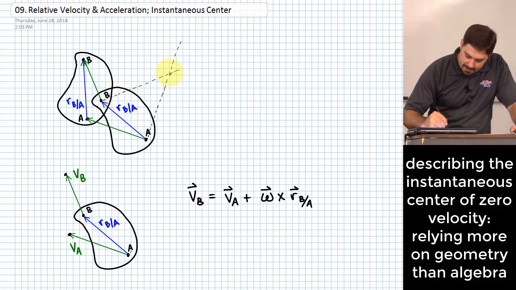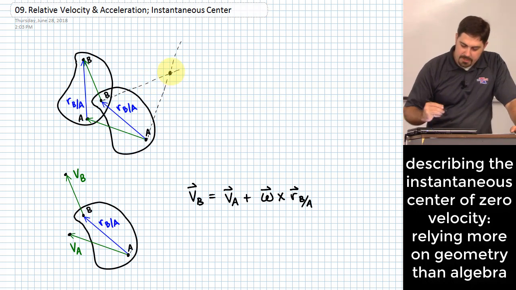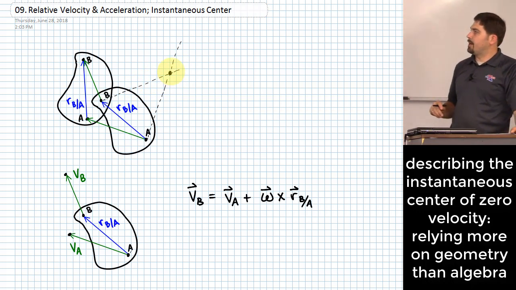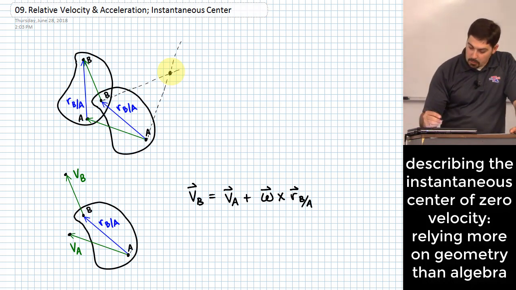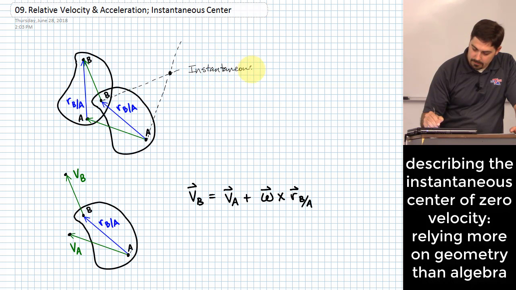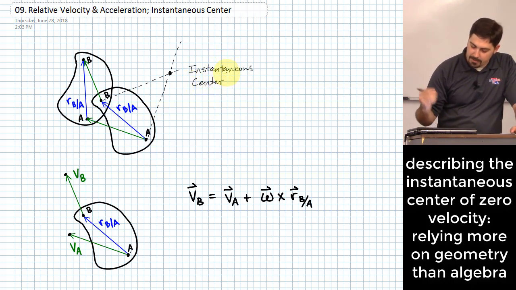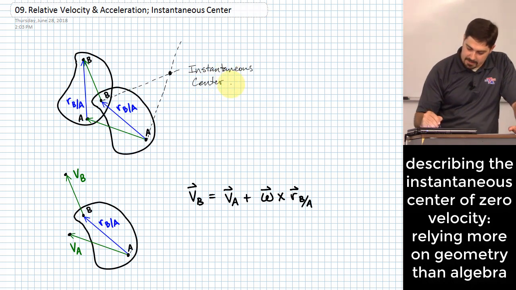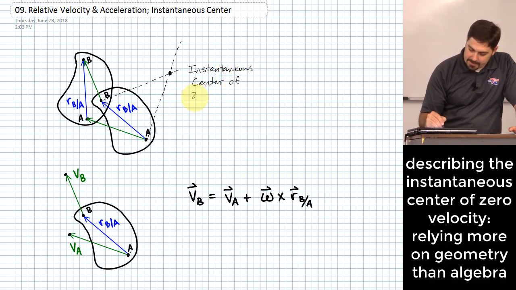And as I do that, there will be some location where those two perpendicular lines cross. Where those perpendicular lines cross, this is what we call the instantaneous center of rotation, or I think in the book they actually call it the instantaneous center of zero velocity.